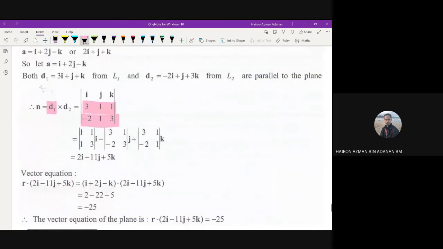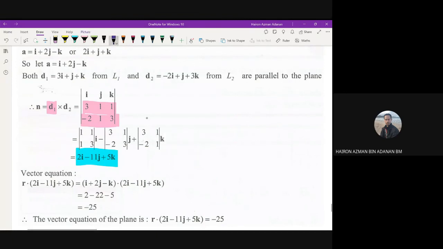Okay, so you just find the determinant of matrices 3 by 3. Okay, so first row and first column you close, you will get 1 1 1 3, i minus j. Close second column, you get 3 1 -2 3. Close the third column and first row, you get 3 1 -2 1. Then you get the determinant. Okay, so you get this vector. Any question? You get this.